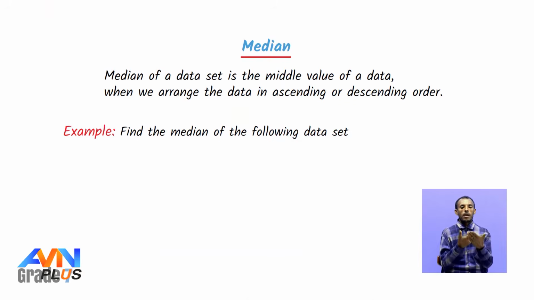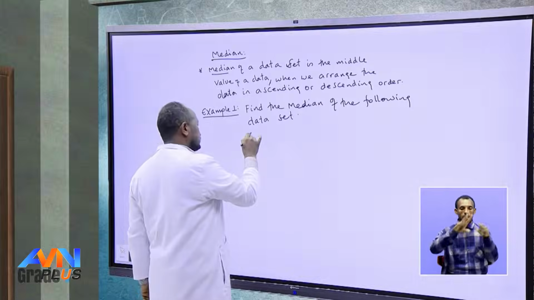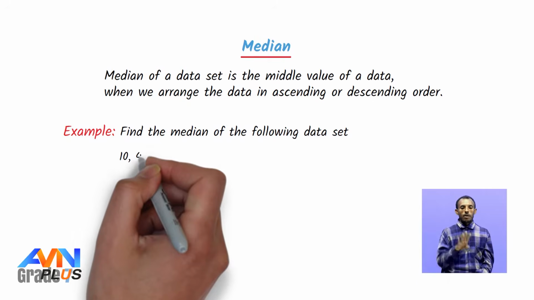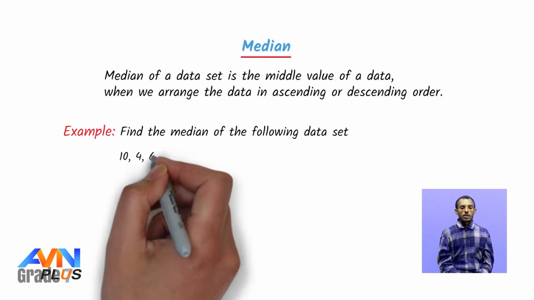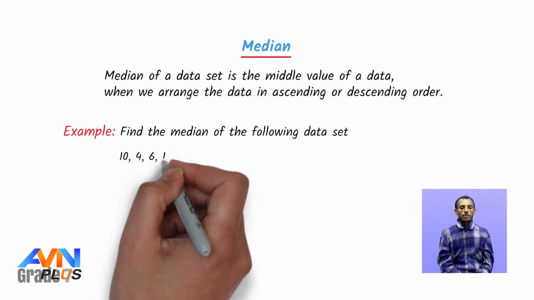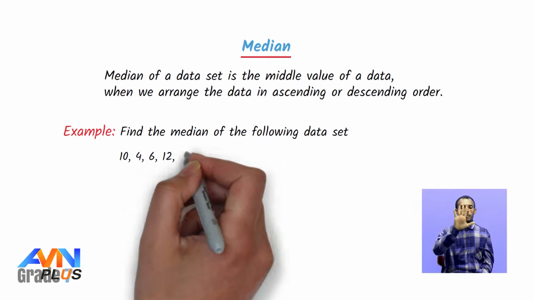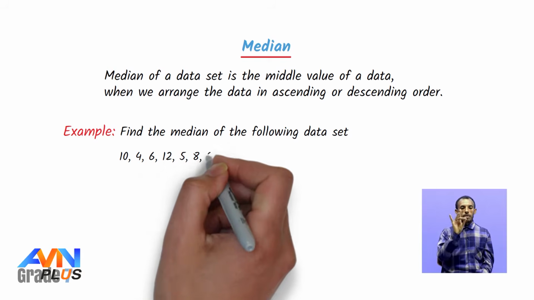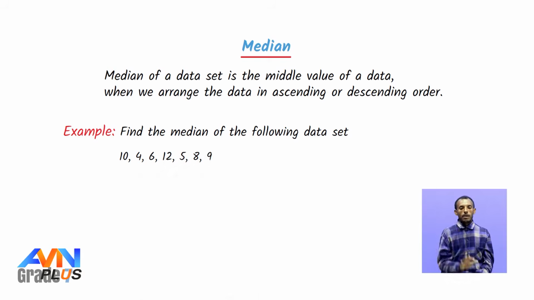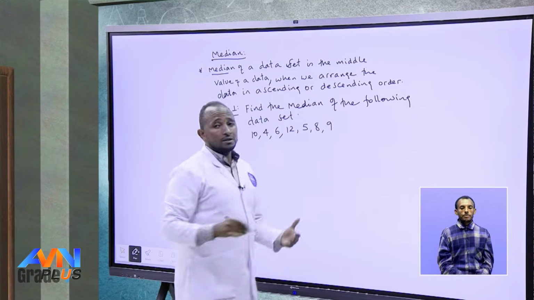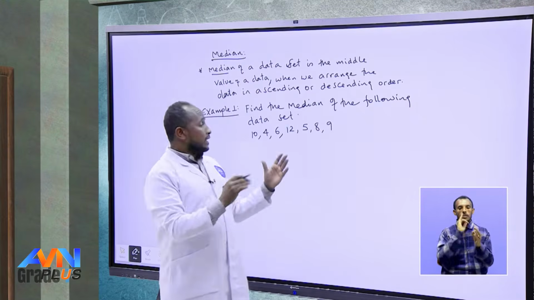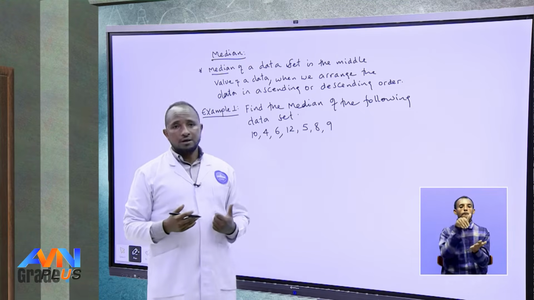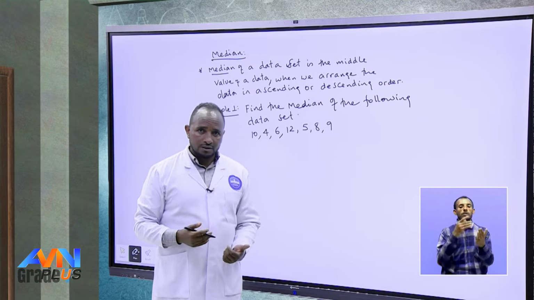Here, this data set is given: 10, 4, 6, 12, 5, 8, and 9. This data set is given, and we're asked to find the median of this data set.